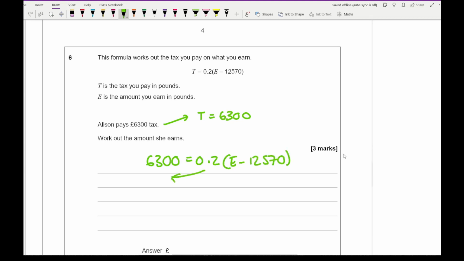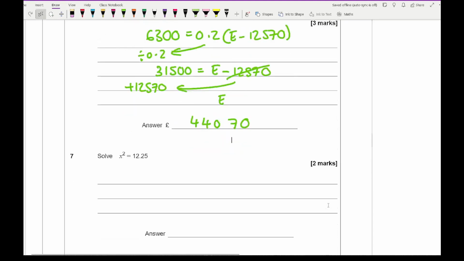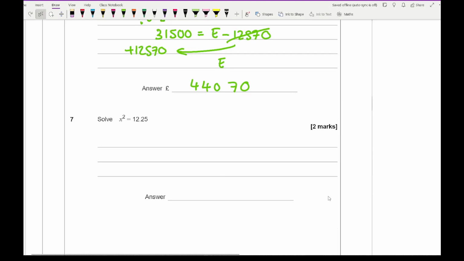So first things first, I'm going to divide by 0.2, which then leaves me with, and I'll type that into my calculator, 6300 divided by 0.2, which leaves me with 31,500, and that equals E minus 12570. So then I want to add 12570, leaving with the answer of E. So if I just work that out on my calculator, I get an answer of 44070.